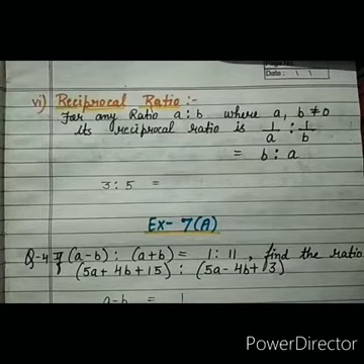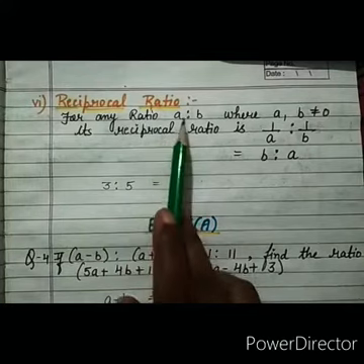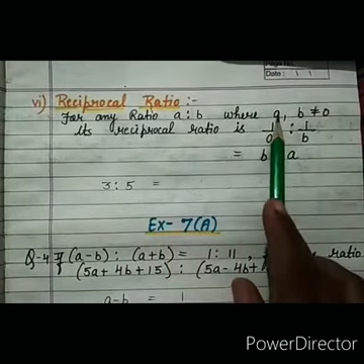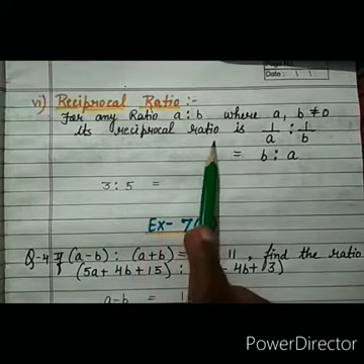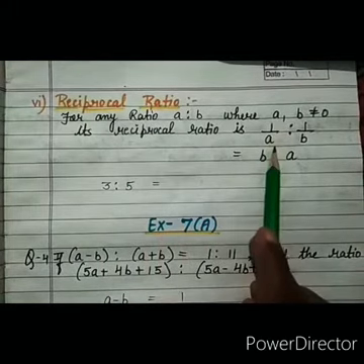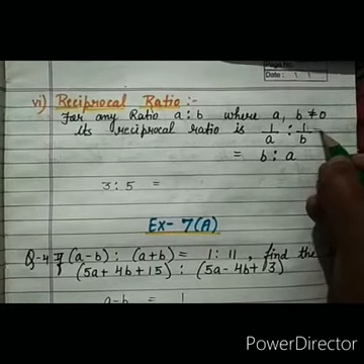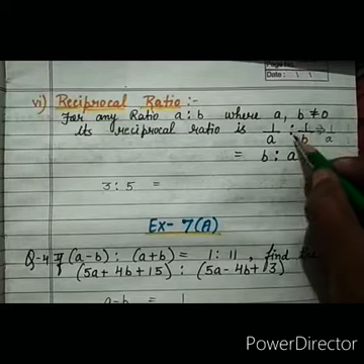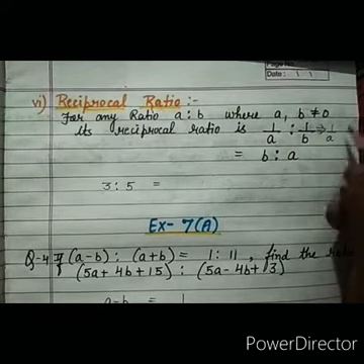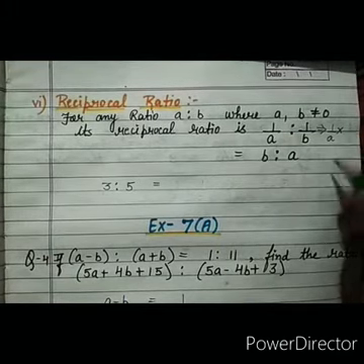Now the next point is reciprocal ratio. For any ratio A is to B where A and B are not equal to 0, its reciprocal ratio is 1 upon A is to 1 upon B. When we solve this, it will be equal to 1 upon A. When the sign of ratio, meaning the sign of division, changes into multiplication, then the second ratio will be reciprocal.